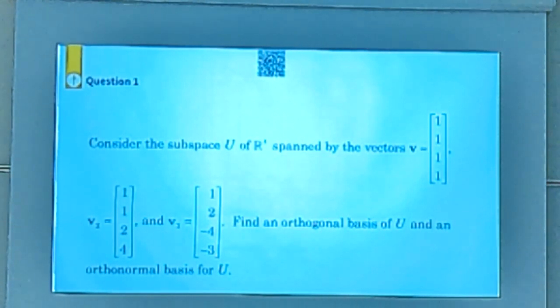A subspace U of R4 is spanned by these three vectors: (1, 1, 1, 1), (1, 1, 2, 4), (1, 2, -4, -3).